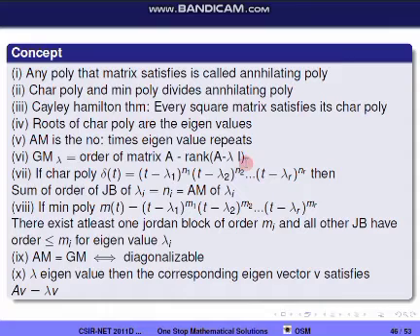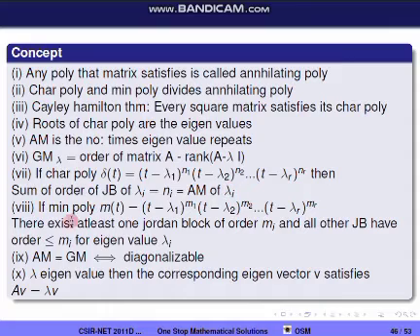If characteristic polynomial delta of t is equal to (t minus lambda 1) whole power n1, (t minus lambda 2) whole power n2, etc. up to (t minus lambda r) whole power nr, then the sum of the orders of Jordan blocks of lambda i is equal to ni, which is the algebraic multiplicity of lambda i.